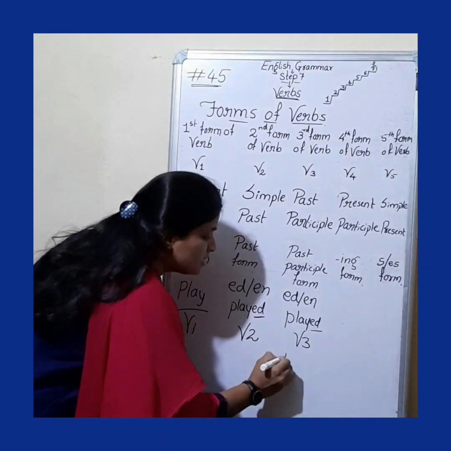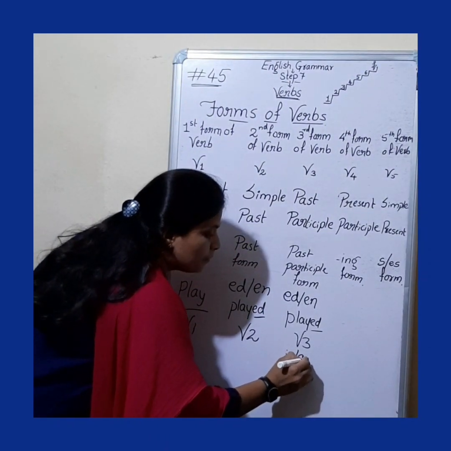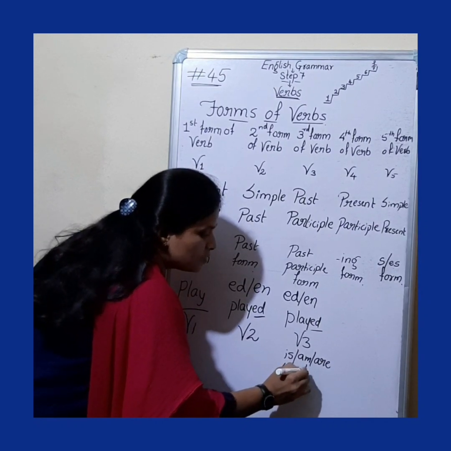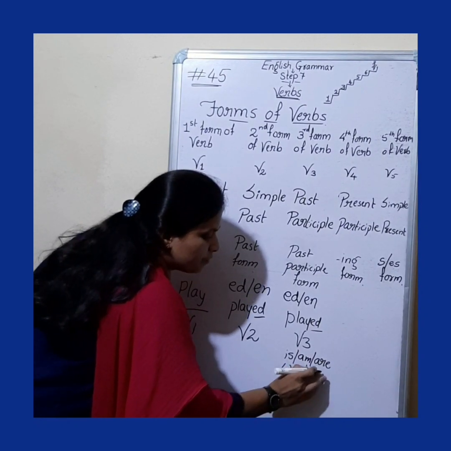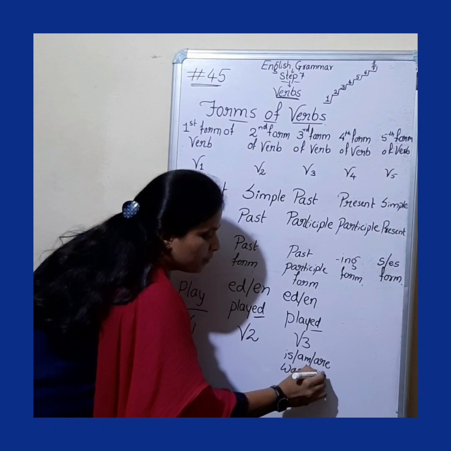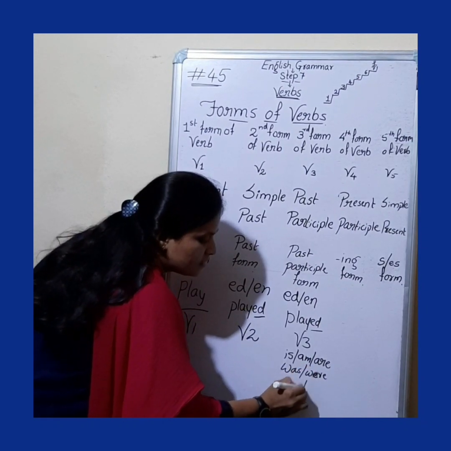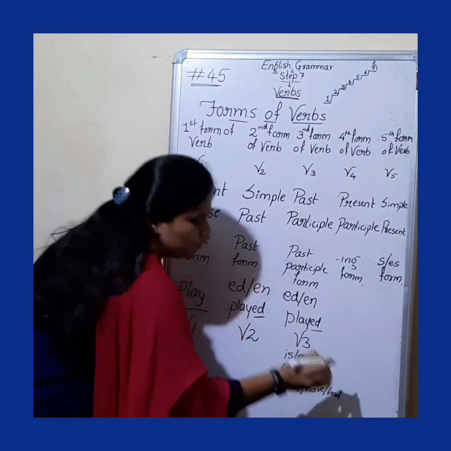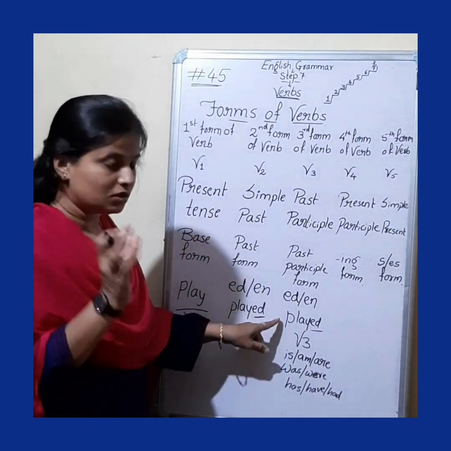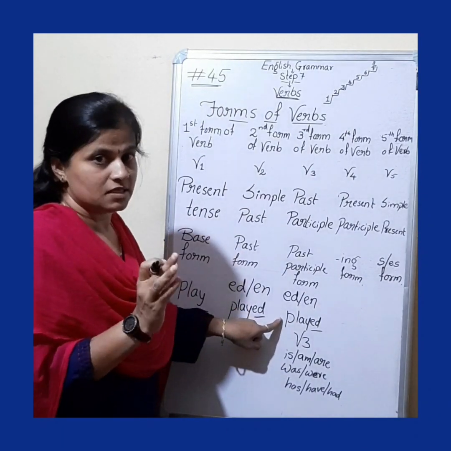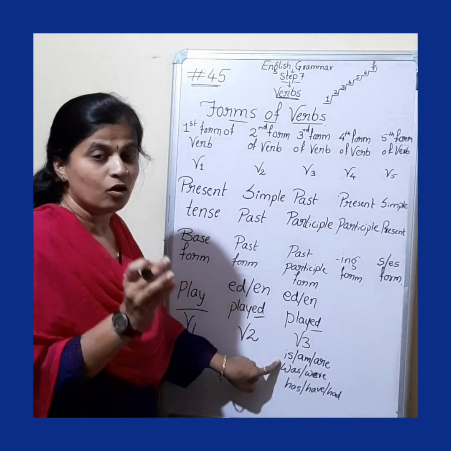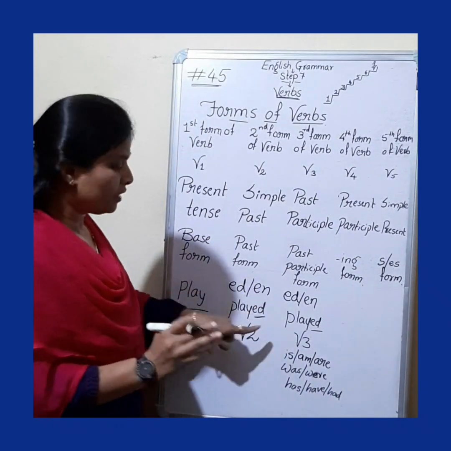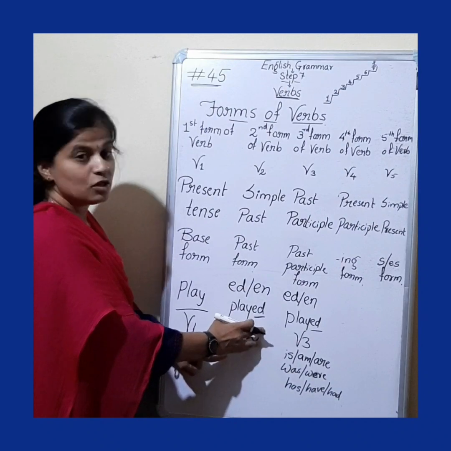Remember, is, am, are, was, were, has, have or had. Okay, behind this main verb, in case these helping verbs are present, then it is V3 form. If there is nothing, then it is V2 form.